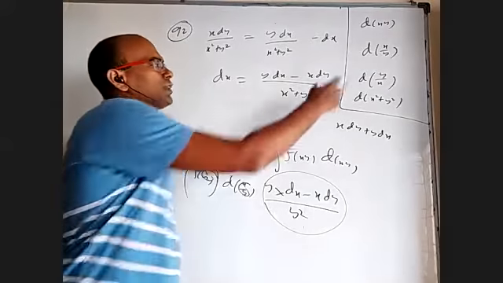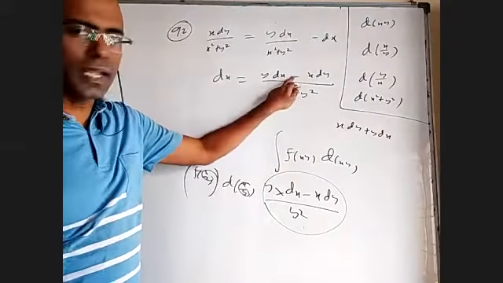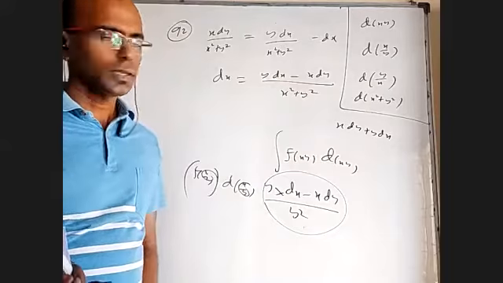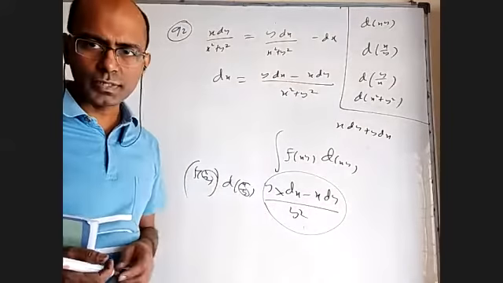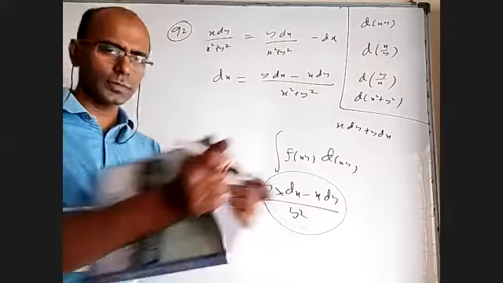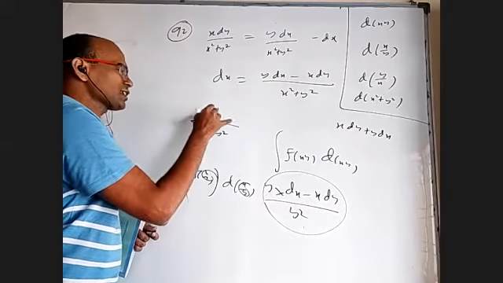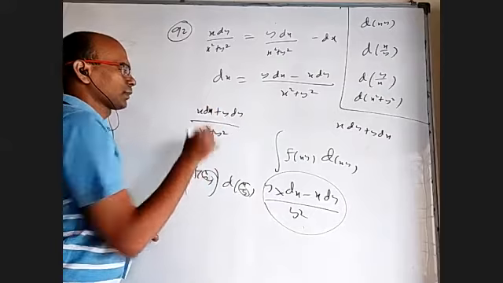Similarly, you know the derivative of this and the derivative of this. In the same question, if the numerator were plus, I would have done it more easily. Why would I have done it more easily? Anybody want to tell? If you have x² + y² in the denominator and the numerator I have x dx + y dy, it was easier. Why?